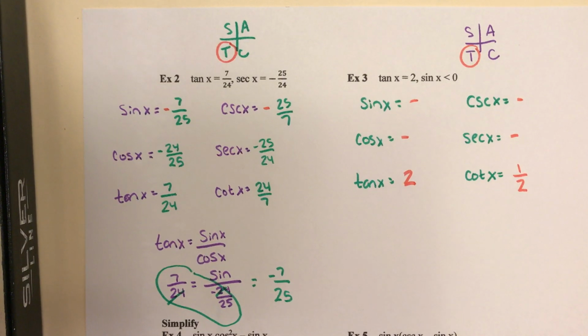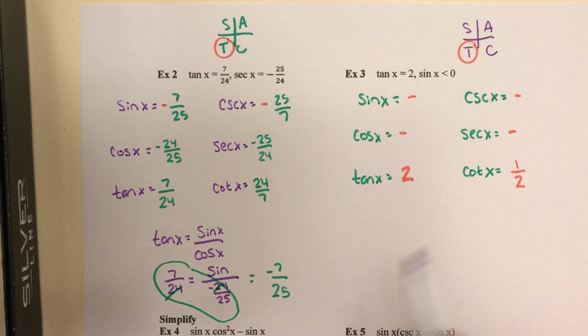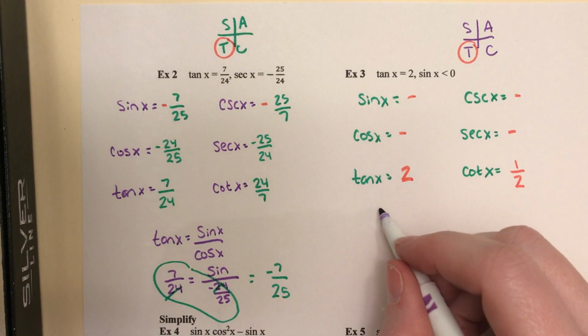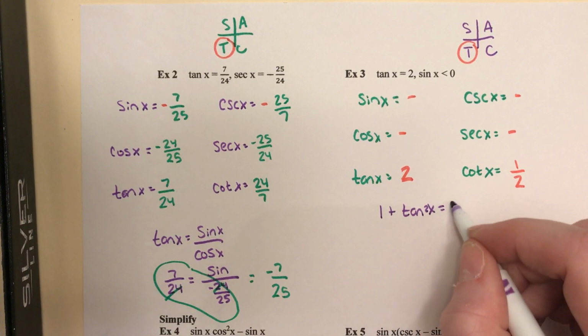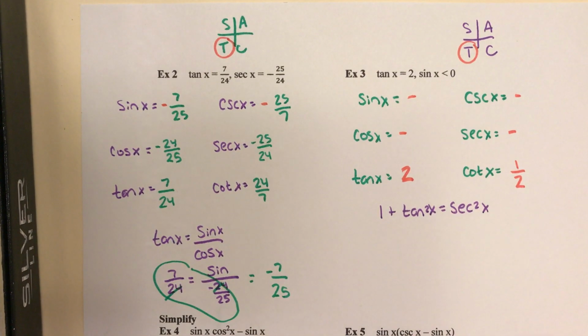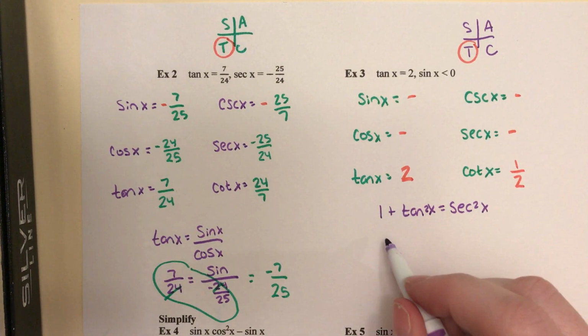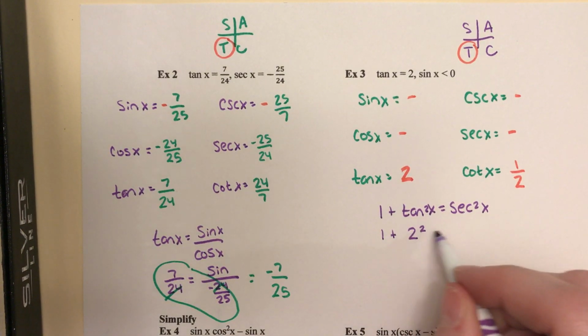Okay, so I know tangent, and I want to find something else. So if you look at your formula sheet, I can use the Pythagorean identity that 1 plus tangent squared equals secant squared. So I'm going to plug in 2 for tangent.